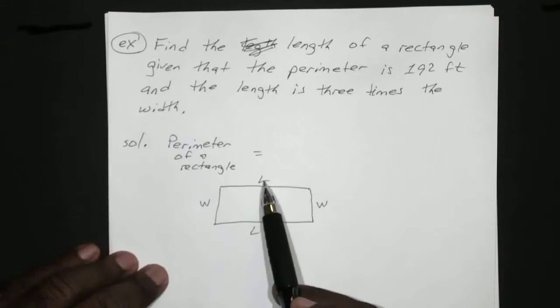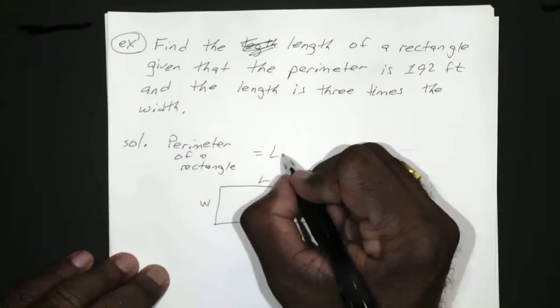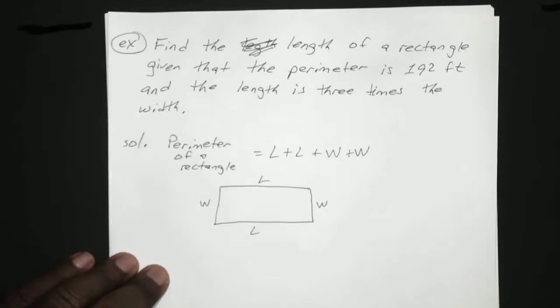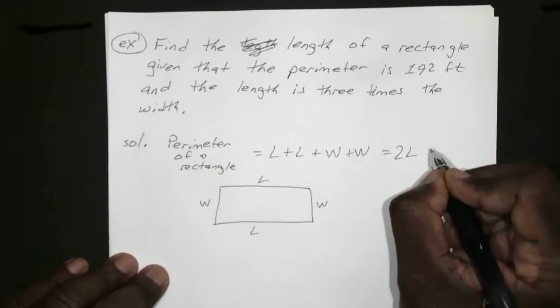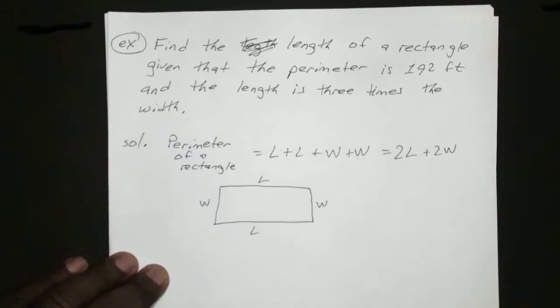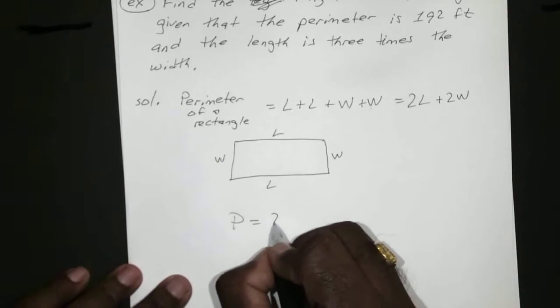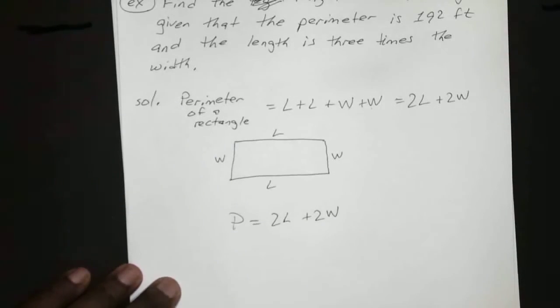You're just going to add the length plus the length plus the width plus the width. Or you can combine those two and make it 2L, and combine those two and make it 2W. So we know that our perimeter is equal to 2 times the length plus 2 times the width.